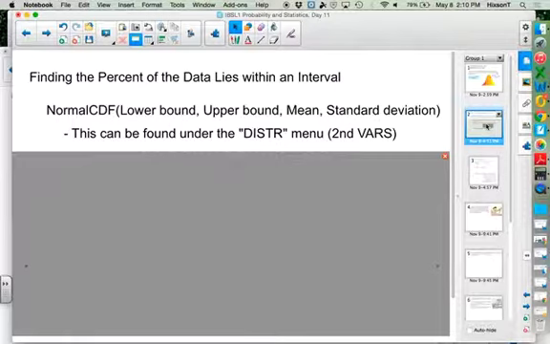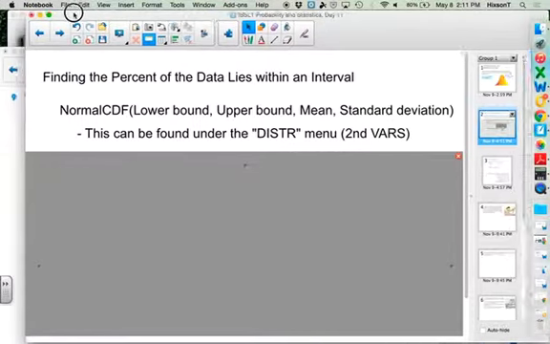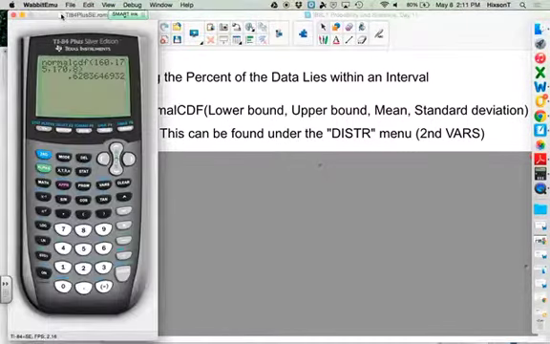The name of the function is normal CDF, or if you have the N-spire, they drop the AL. It's just norm CDF. But if you have the 83 or 84, it's called normal CDF. And the way you can find that, without scrolling through your whole catalog, is right here. If you hit second variable, so you have distribution, DISTR, you'll find normal PDF and normal CDF.